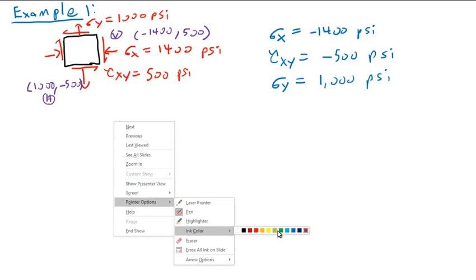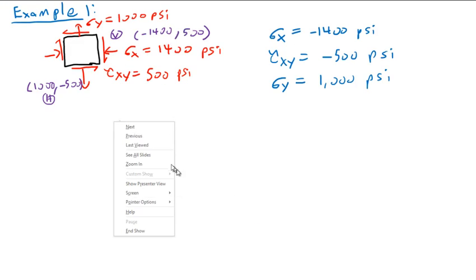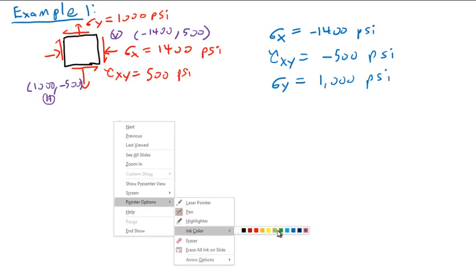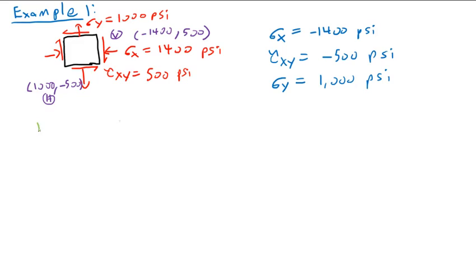Okay, what else? So you were given all of this. Well, you weren't given the 2 ordered pairs. We found those. But I forgot to tell you what we need to find. What we were given was just the stress block and sigma x, sigma y, and tau xy.